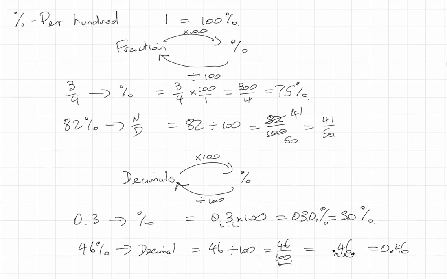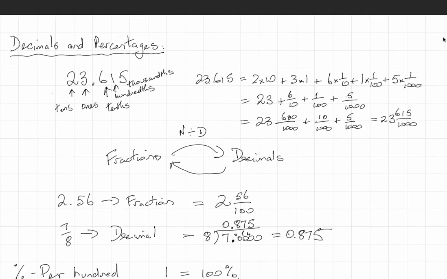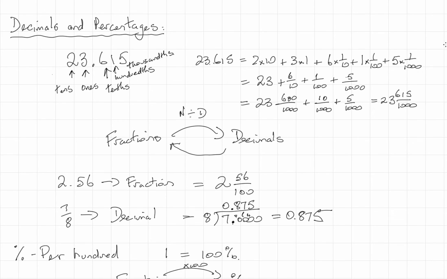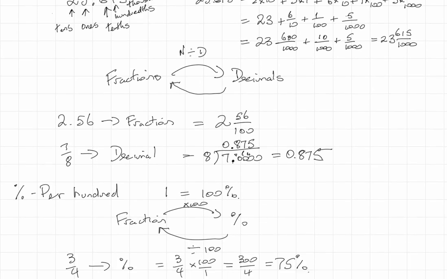So there we go. We've got fractions and decimals and percentages now, and we need to be fluent in being able to convert from one to the other. We need to understand what the decimal places mean. The position of a number is significant when you've got a decimal place.